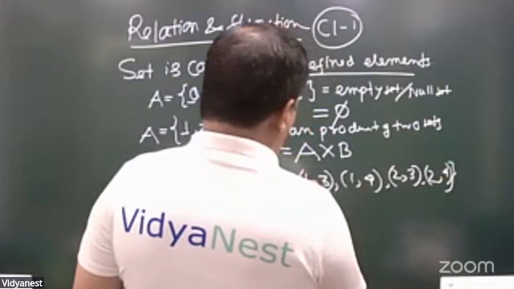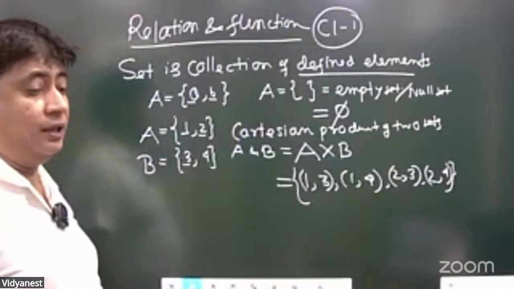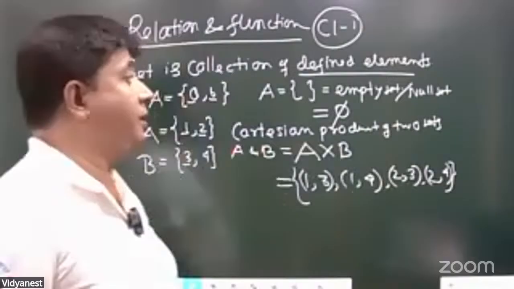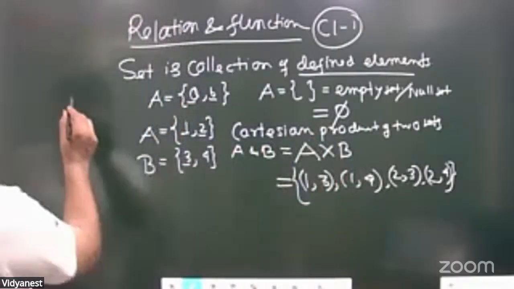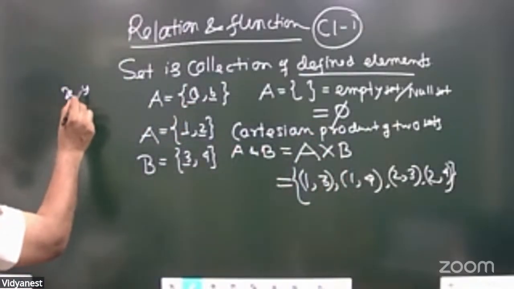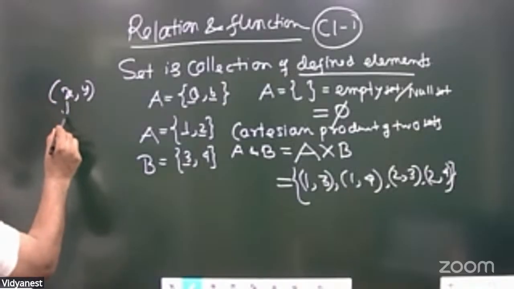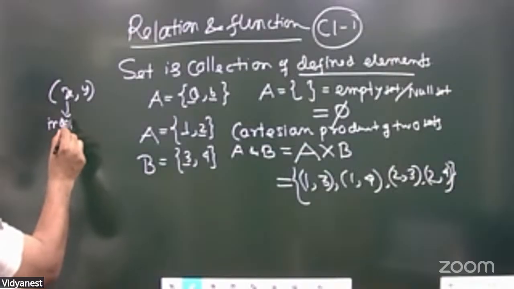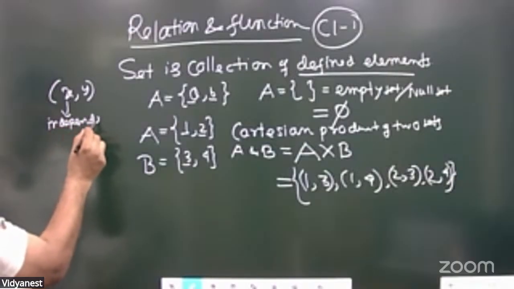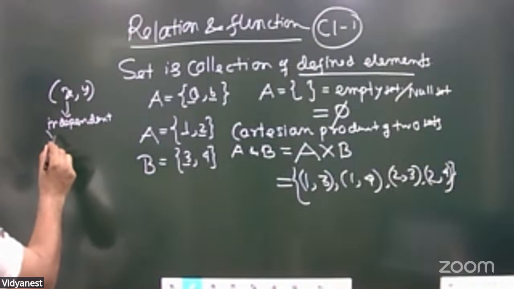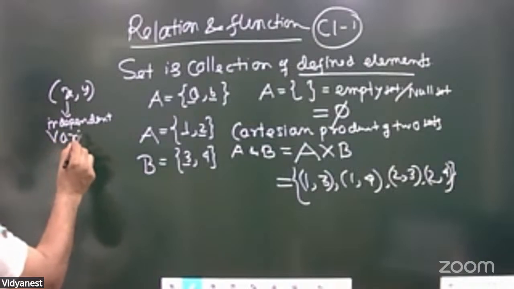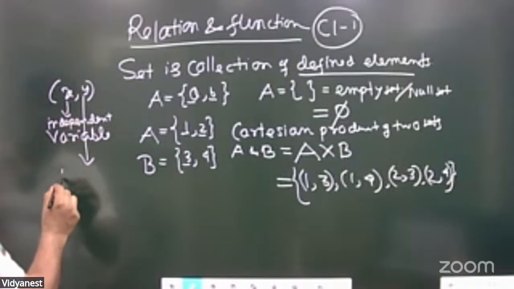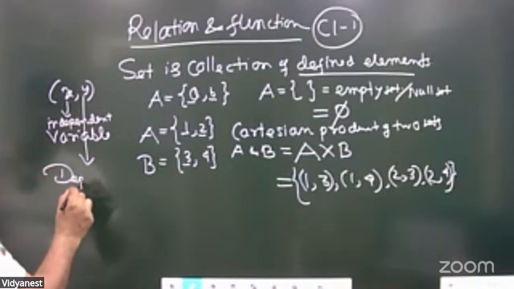That is called a collection of ordered pairs. Ordered pairs you got in coordinate geometry, where you got x, y form. x is the independent variable and y is the dependent variable.